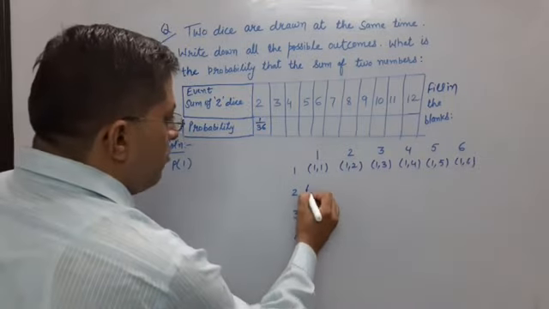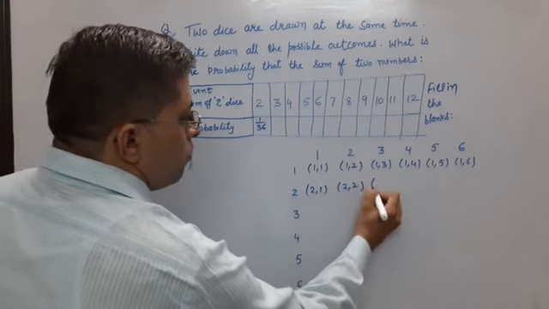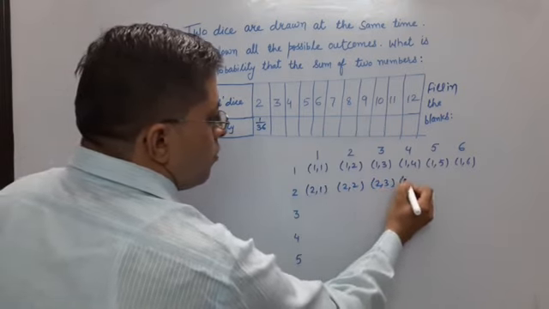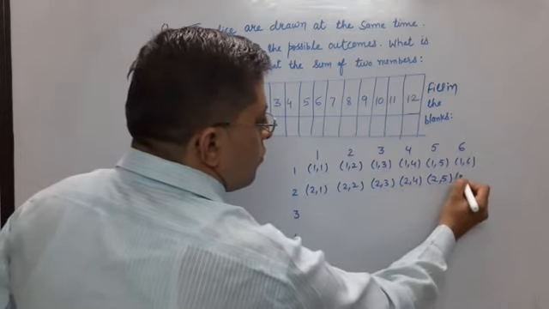Second term: 2, 1, 2, 2, 2, 3, 2, 4, 2, 5, 2, 6.